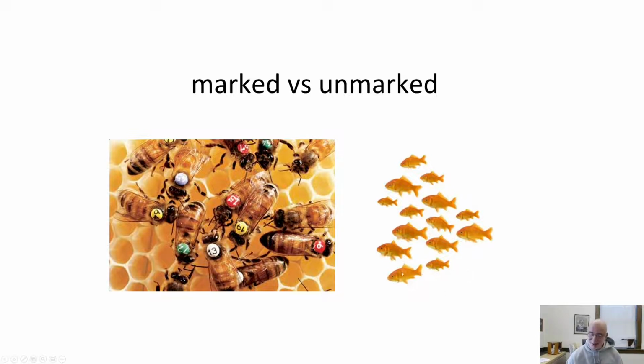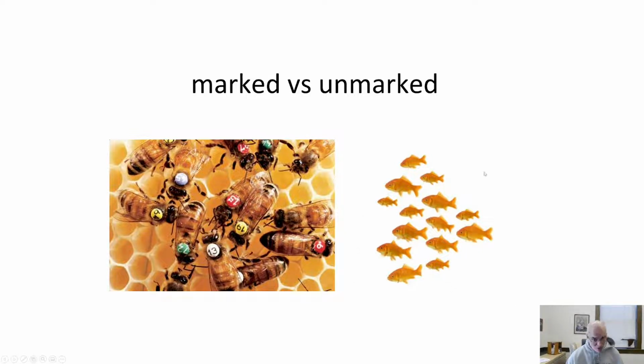And the key assumption is that you don't count the same individuals more than once. But if the individuals aren't marked, how do you know that for sure? So under some fairly strong statistical assumptions, you can use unmarked counts of things to tell stories. But again, you have to rely heavily on fairly strong statistical assumptions.